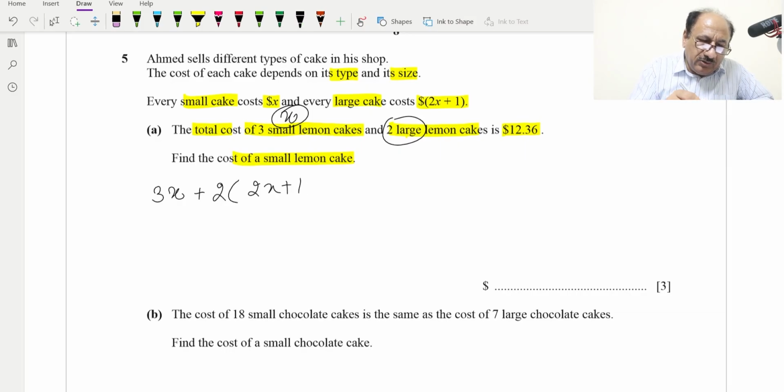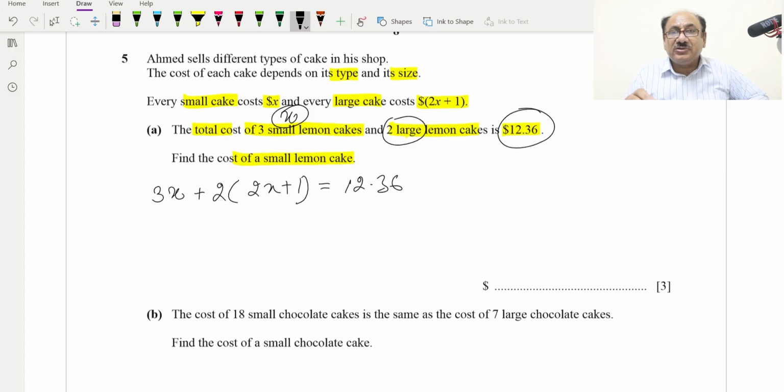This will be equal to how much we spend, 12.36. Forming the equation is a difficult task which you should practice, and once you are done with the equation, you just have to simplify it.